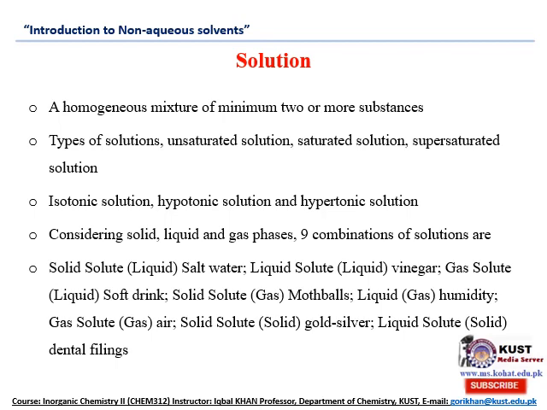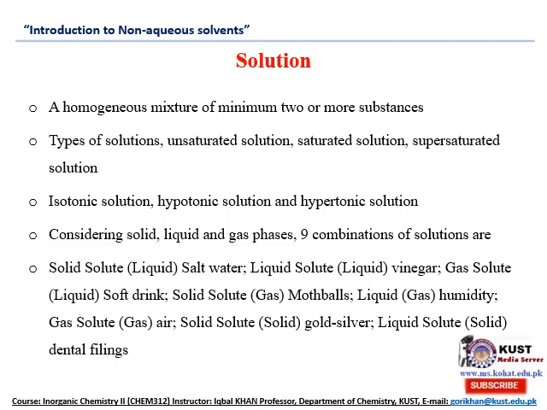Considering the solid, liquid, and gas phases, matter exists in these three phases. Nine possible combinations have been discussed. For example, a solid solute in a liquid, such as salt in water.